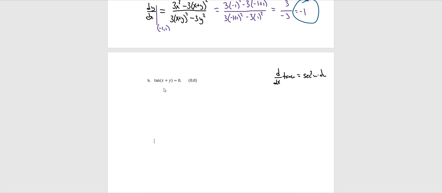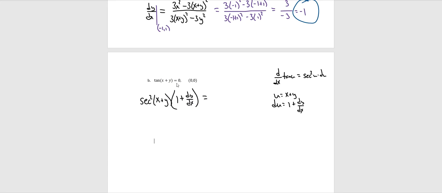So our u is going to be x plus y, and the derivative of u will be 1 plus dy dx, right? So the derivative of tangent is secant squared, leave the inside alone, and then multiply by the derivative of the inside.